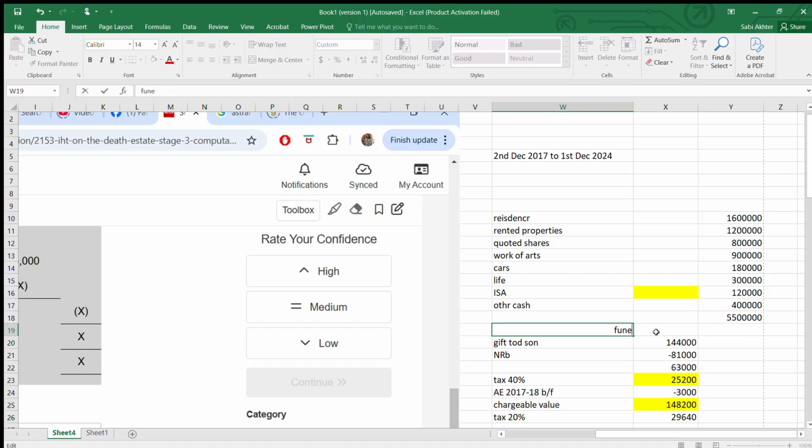funeral expense and unpaid income tax and capital gains tax. So funeral is 4,000 and this is 34,000.